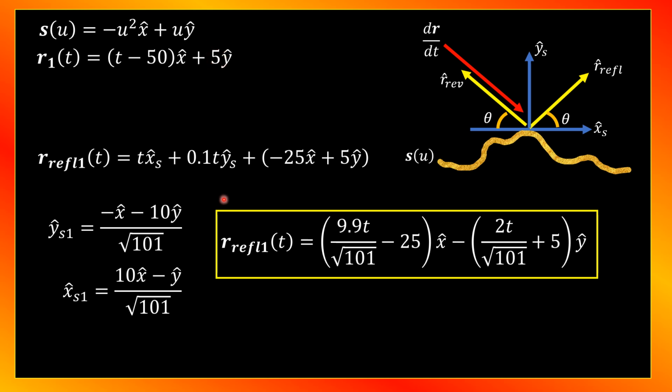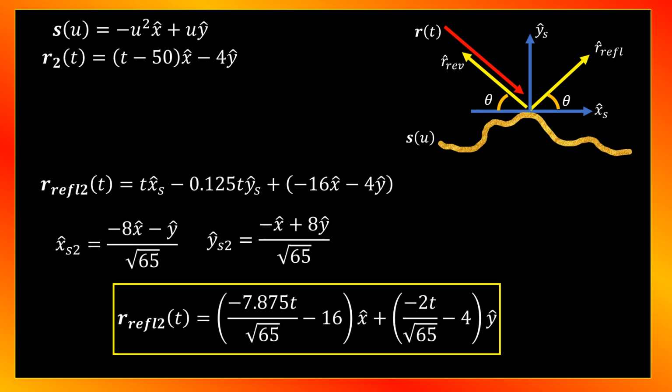And what we get is r reflected 1 of t. We get the equation that describes the reflected light ray as a response to this hitting the surface. And then we get to our second equation over here, r reflected 2, as a response of this light ray positioned at y is equal to negative 4 hitting the surface.